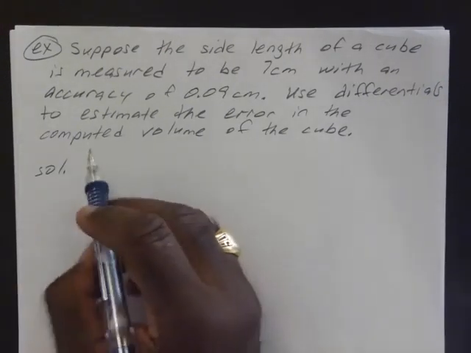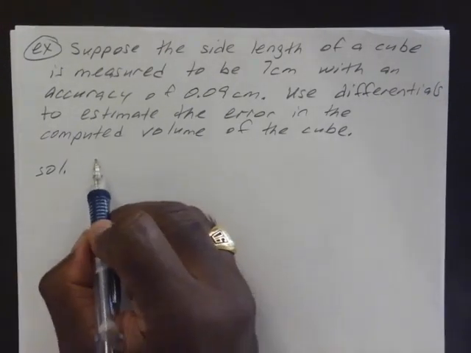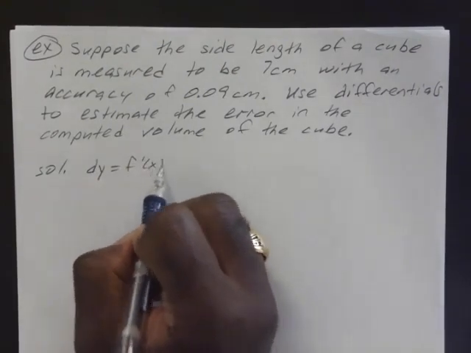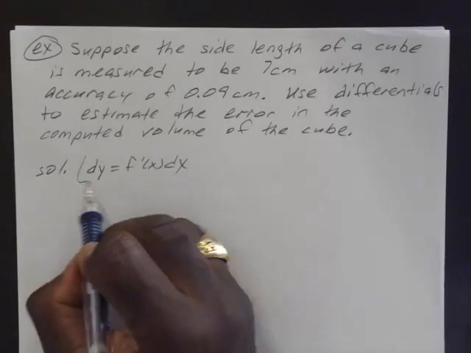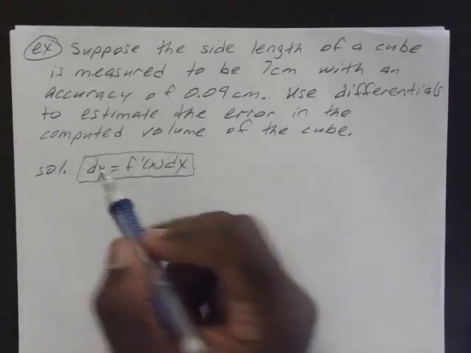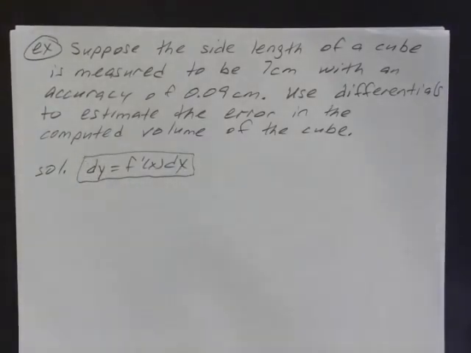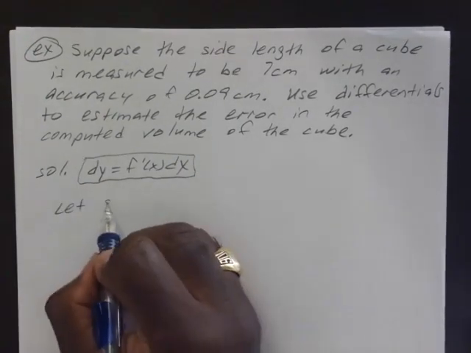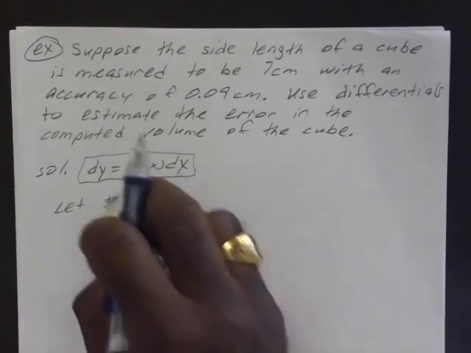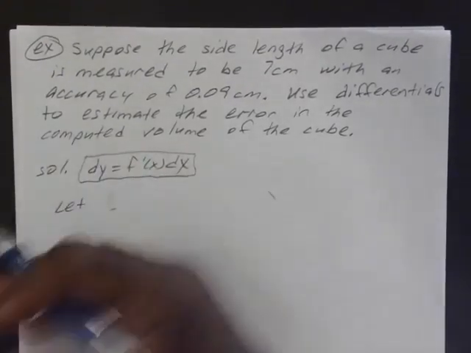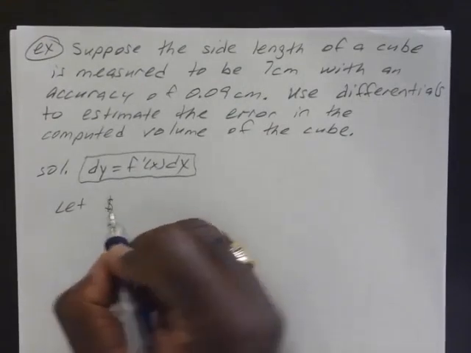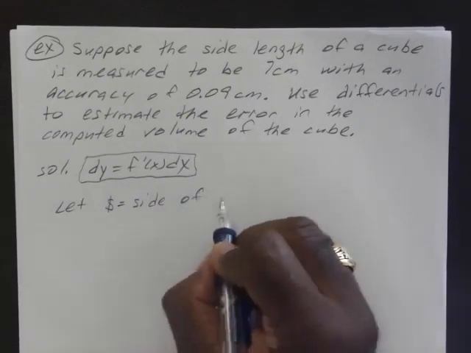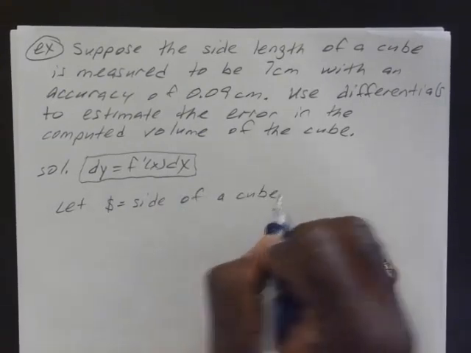Okay, so we know that our dy is just f prime of x dx. Okay, so what if we let S represent the side of a cube? Make that a little clearer. We have the side of a cube's length.